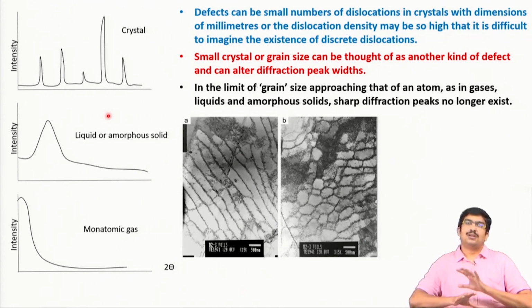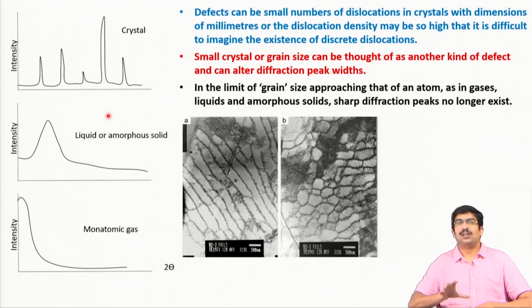So there could be strain within the material even if it is a crystalline material. And where the dislocations are too many in number, they form structures and further divide the material into smaller units, even within the grains.